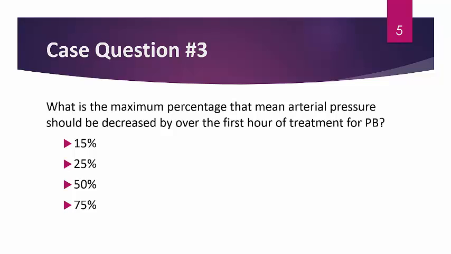The last question is, what is the maximum percentage that mean arterial pressure, or MAP, should be decreased by over the first hour of treatment for PB? Is it 15%, 25%, 50%, or 75%? After we discuss hypertensive crisis today, you should be able to answer each of these questions confidently.